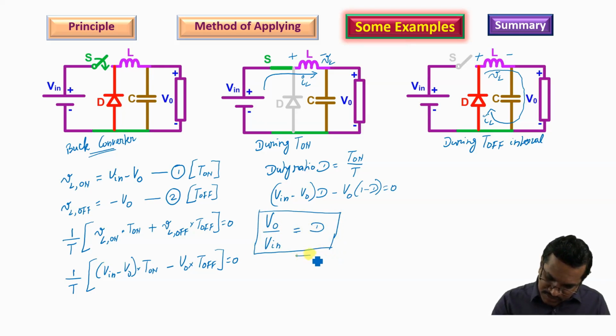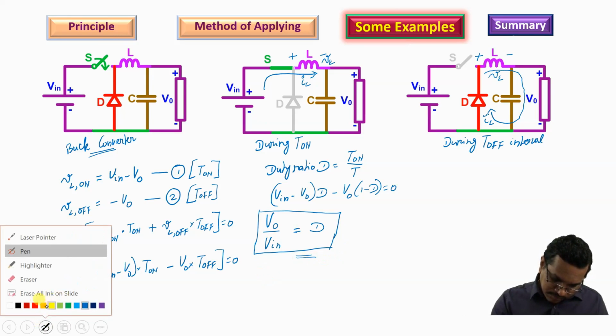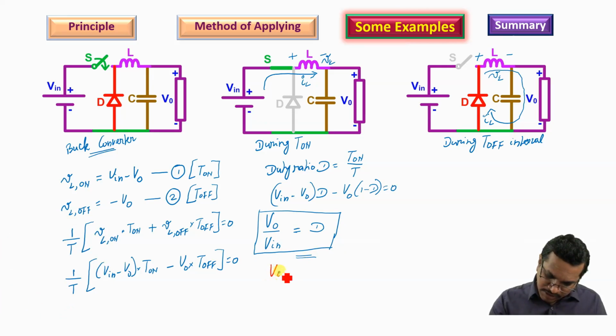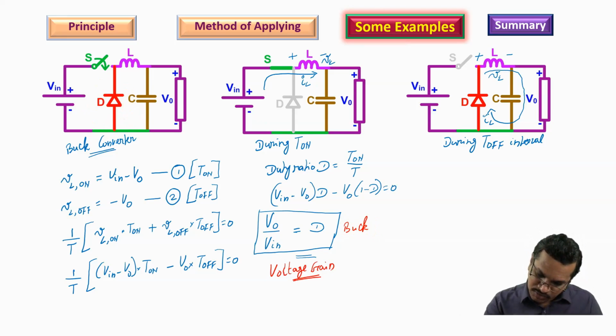So this gives the voltage gain expression of a buck converter. Of course, this is for the circuit which we have considered over here. So this is the buck converter.